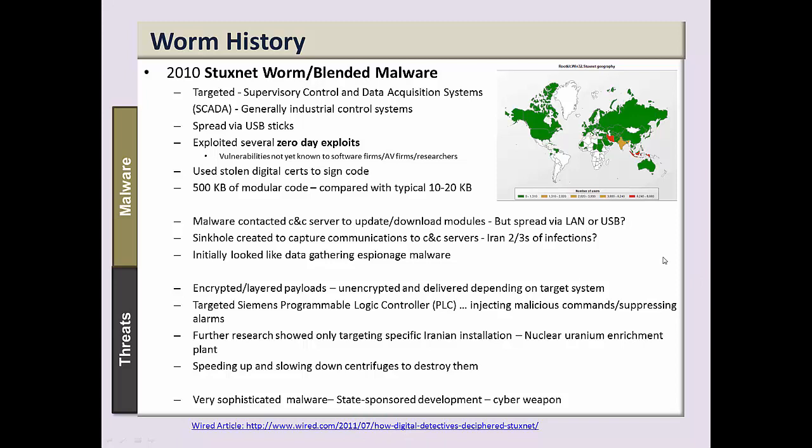So this is back to kind of cyber warfare, cyber espionage. So Stuxnet. There was a lot of speculation around the Stuxnet worm, a Trojan blended kind of malware. It used several types of malware, but it was a worm as it self-replicated, and was delivered as a kind of Trojan originally.